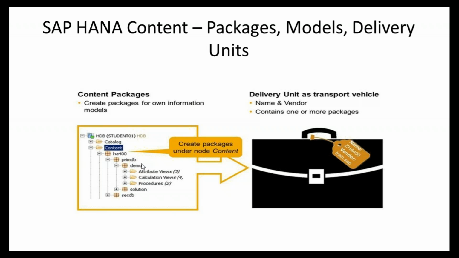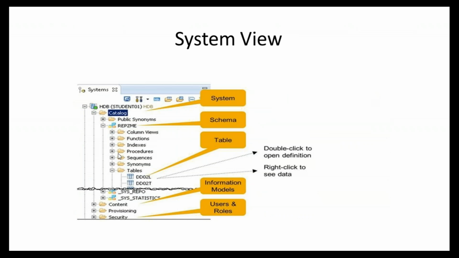So now when we get into this content, we were in the catalog. In the catalog, we'll have the schemas. Under the schemas, we'll have all these folders. Remember, the moment we create a schema, automatically all these folders will appear under that particular schema.